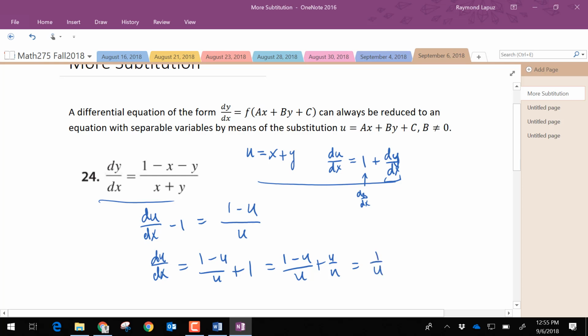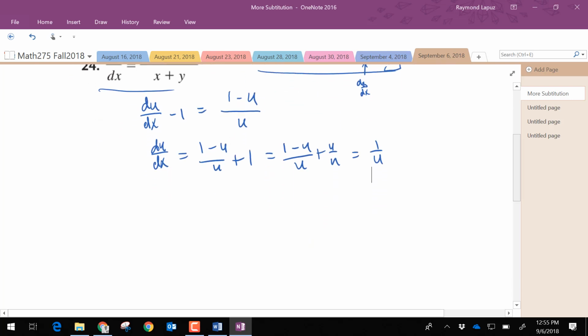So that seems to have come out pretty simple, nice and easy for us. Did I do that right? All right. So du dx is equal to 1 over u. It'll be a separable differential equation, and then you would just integrate.